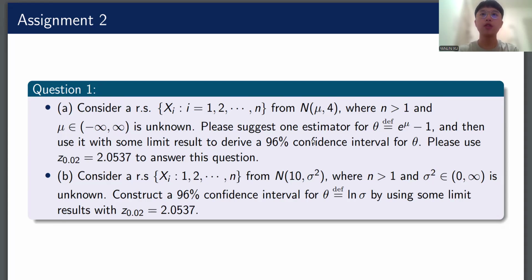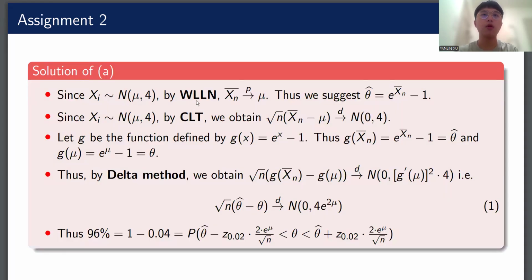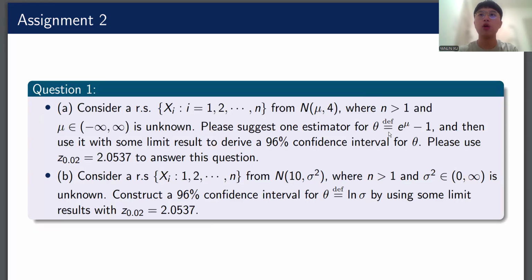How to suggest an estimator for theta? We have to note the fact that by the weak law of large numbers, the sample mean converges in probability to mu. So we may suggest that the estimator is equal to e to the power sample mean minus 1.